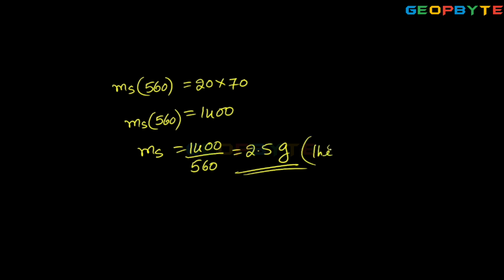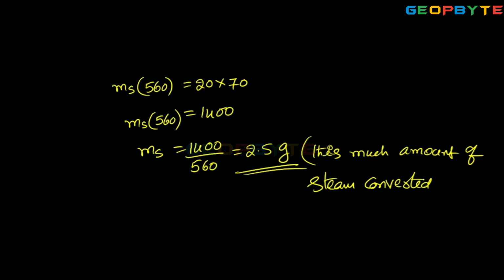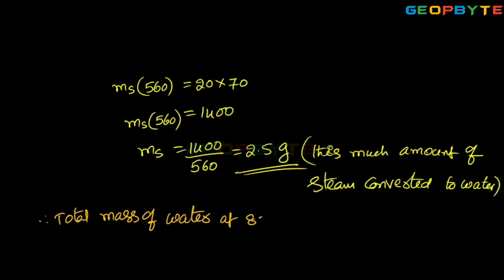This much amount of steam converted to water. Therefore, the total mass of water at 80 degrees centigrade is equal to the initial mass of the water plus the mass of the water available from condensed steam, that is 2.5 grams.